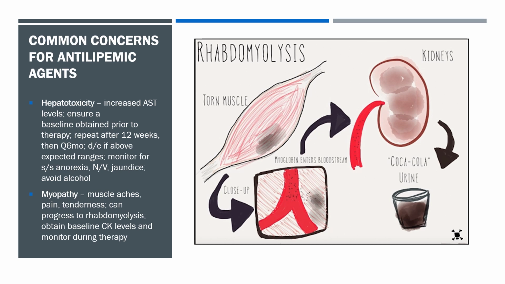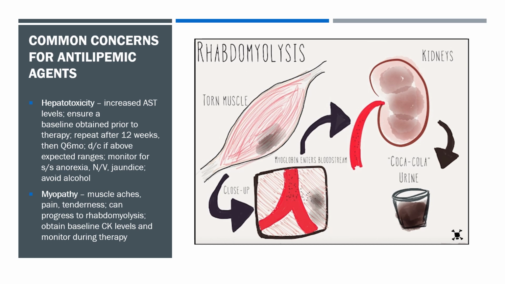If this liver enzyme becomes elevated, then we probably need to take them off of it, monitoring for signs of liver failure, liver disease, such as anorexia, nausea and vomiting, and jaundice. And of course, avoid alcohol, because this also causes issues with the liver.